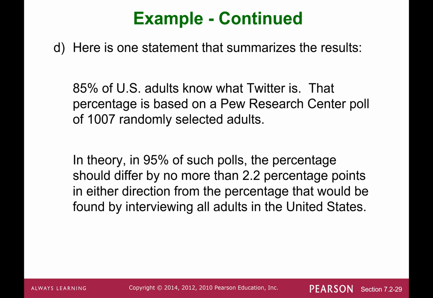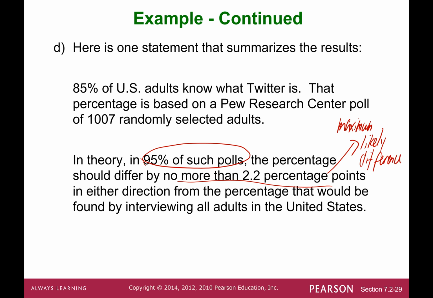In theory, in 95% of such polls, the percentage should differ by no more than 2.2 percentage points in either direction from the population percentage. 2.2 points is what we call the maximum likely difference between the sample proportion and the population proportion. That would be found by interviewing all adults in the United States, and this is what a newspaper reporter will do.